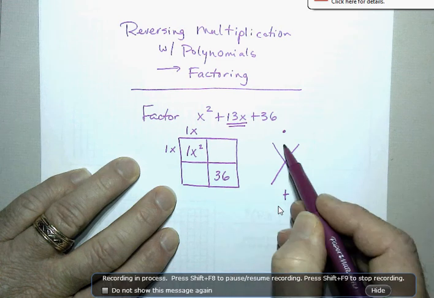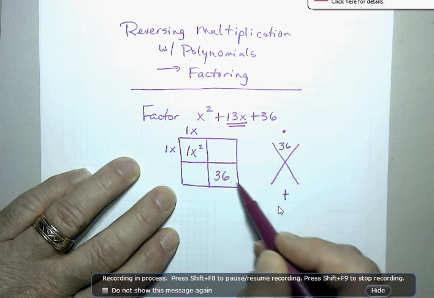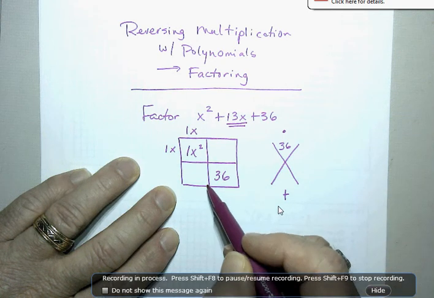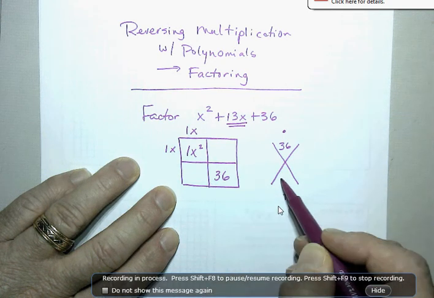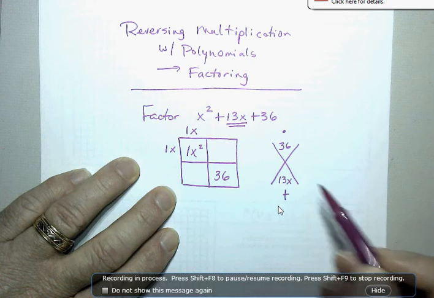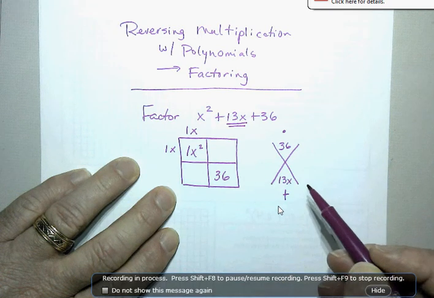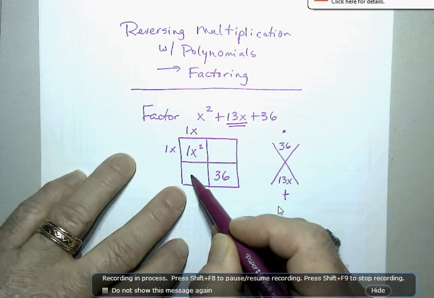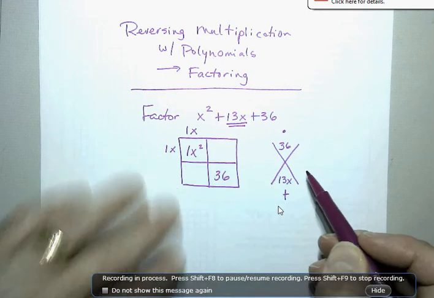So we're looking for two things that when we multiply give us 36, but when we add them give us 13x. So that when we do these boxes, we get 13x.